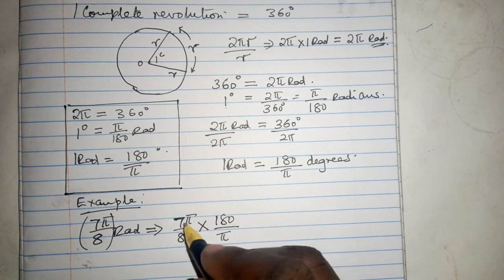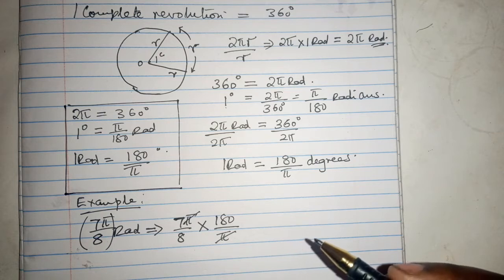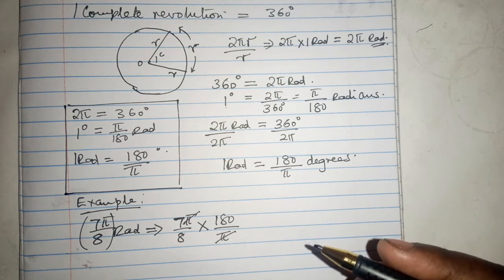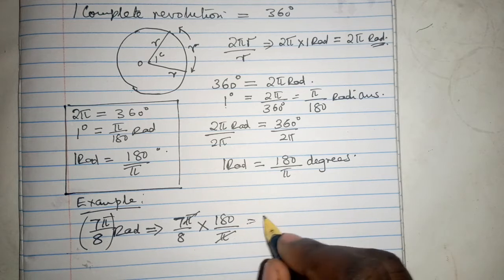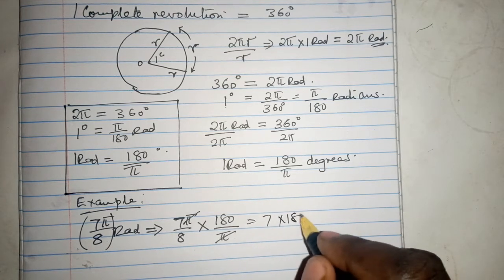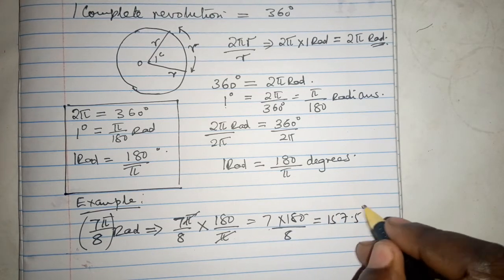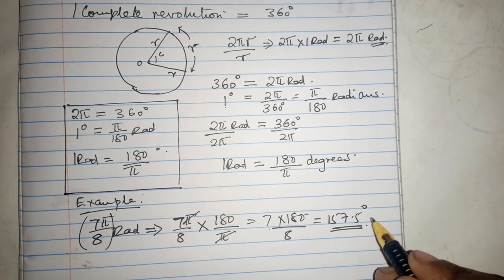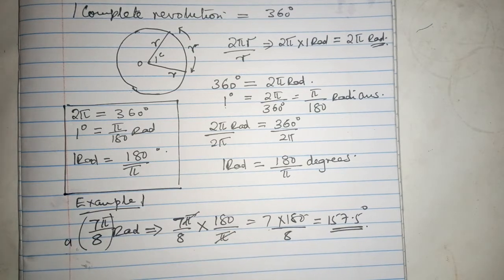The pi cancels, and this gives us 157.5 degrees, because it is 7 times 180 all over 8. So 7 pi over 8 radians is equivalent to 157.5 degrees. That is example 1, part A.